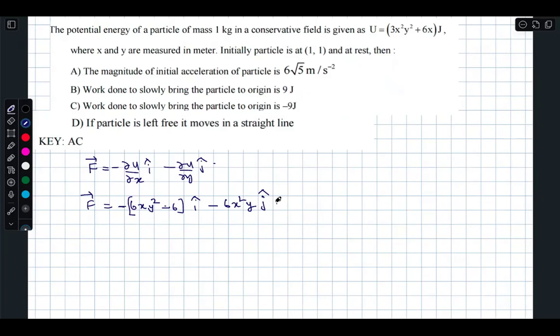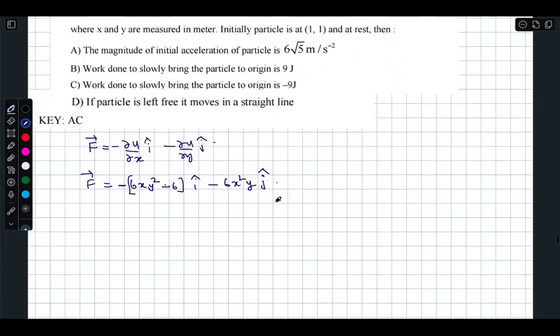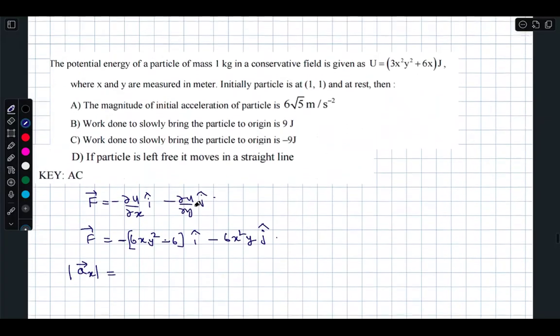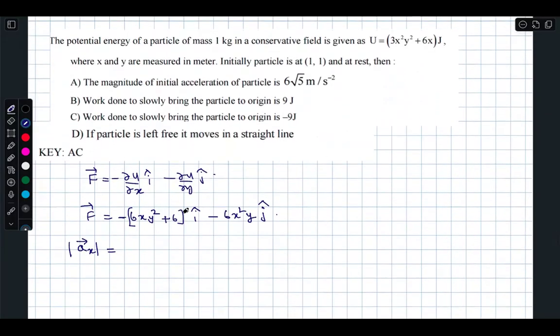Initially, the particle is at 1, 1 and at rest. Now what is modulus of Ax bar? Both are minus only, here minus common. Now put x is equal to 1, y is equal to 1.